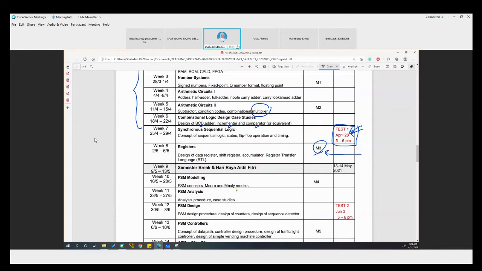Question: milestone 3, when is the submission date? If week 8 is until 6 May, then it's 6 May. So week 8 Saturday, just like previously. Milestone 2, you submit until Saturday night, right?